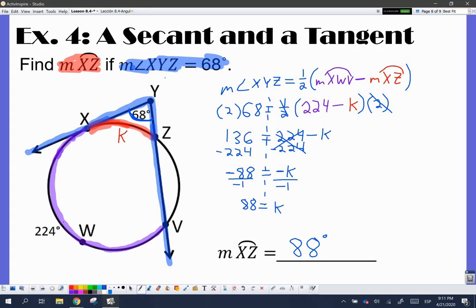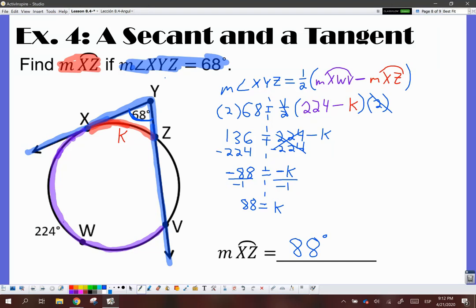Now this one is a little bit trickier because I'm kind of working things out backwards. Instead of giving you both of the arc measurements, I gave you one angle and one arc and told you to find the other arc. But this is to show you that our formula stays the same. In fact, our method of solving these pretty much stays the same.